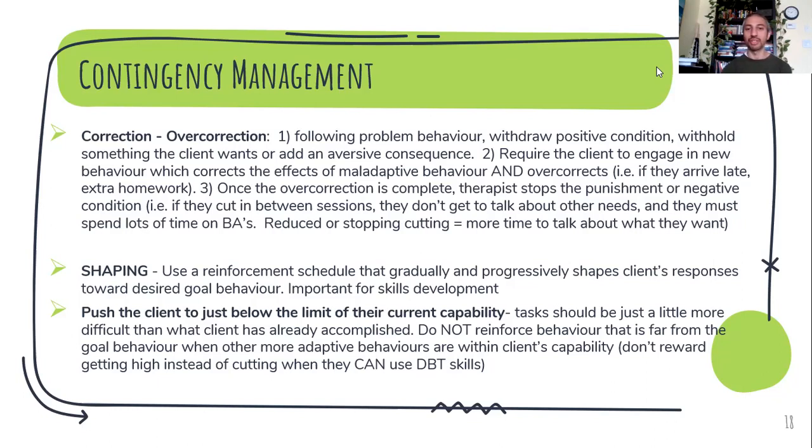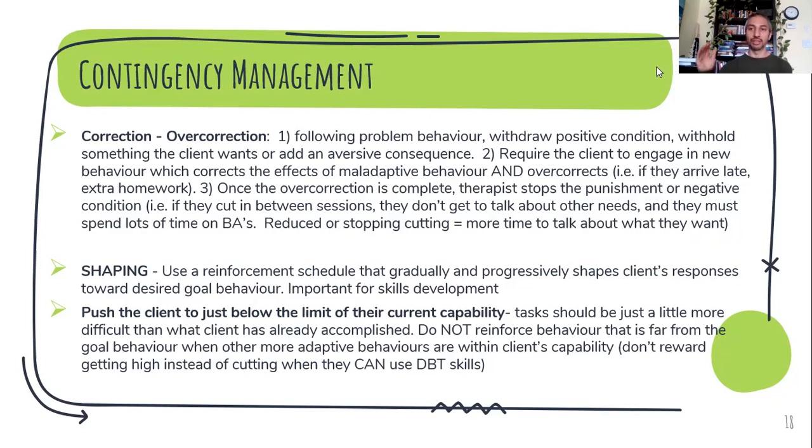We also use shaping. So that's using a reinforcement schedule to gradually and progressively shape the responses of the client, or shape the behavior of the client towards their goal-directed behavior. So that can, again, include things like praise. It can include things like rewards, like giving them more time to talk about things they want to talk about. So let's say they have some relationship problems they really want to discuss.